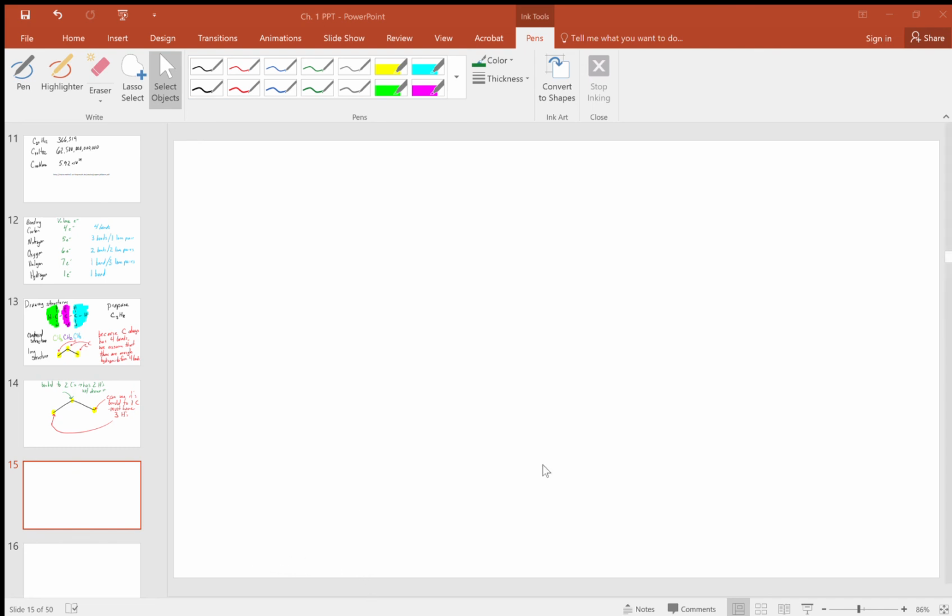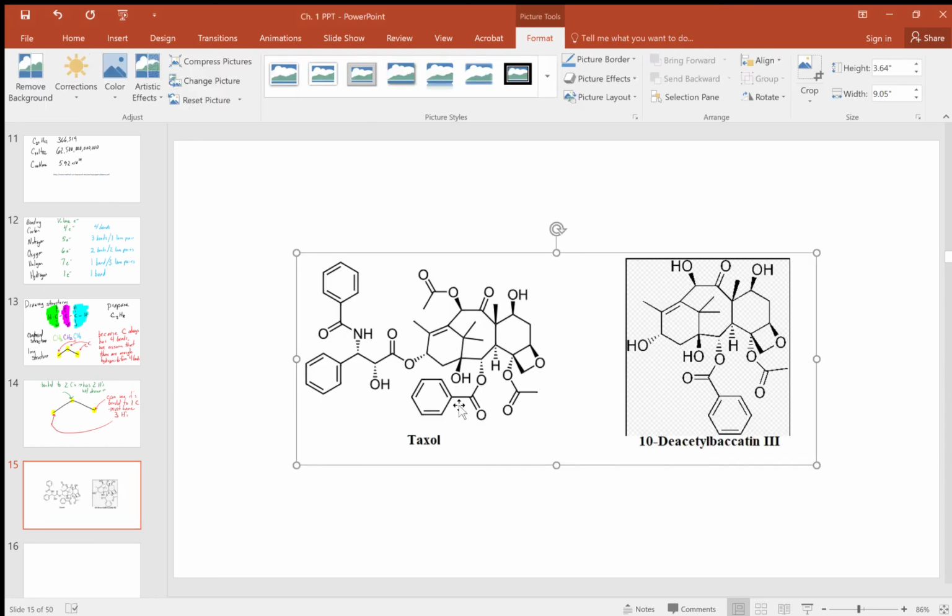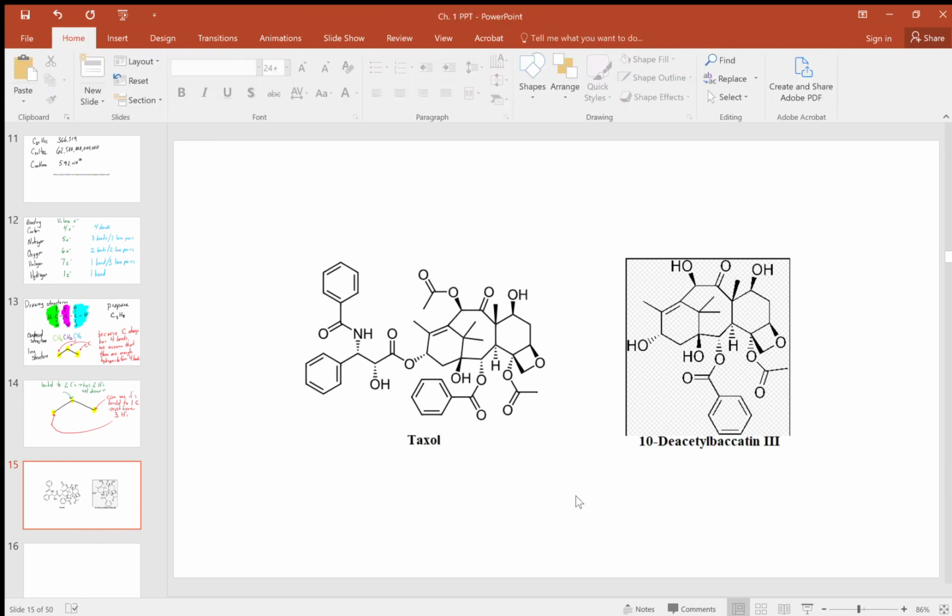If you don't, let's put its structure back up. So there's Taxol again.